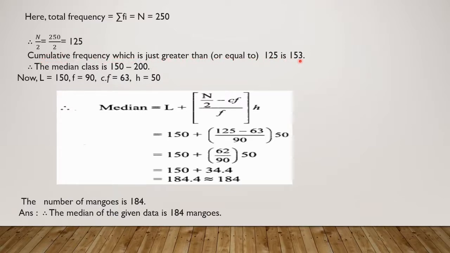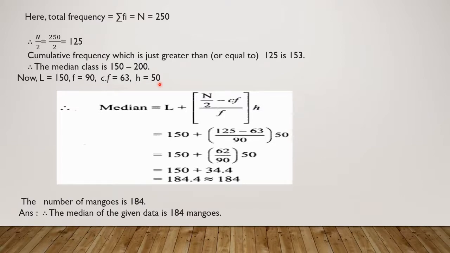Therefore, the median class is 150 to 200. Now, L is the lower limit of the median class, that is 150, F equals 90, cumulative frequency CF equals 63, and H, the class interval, is 50.